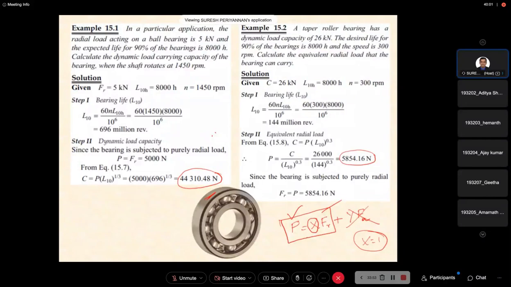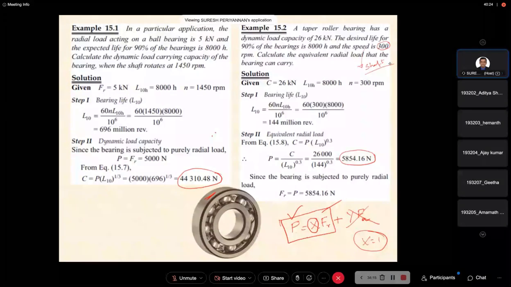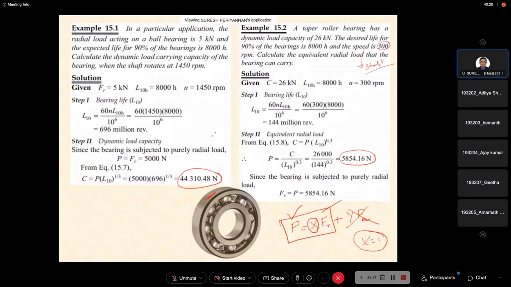Okay, sir. Understood. I agree, it's a very good question. They didn't give it here. If they had given the speed of the shaft, then X is equal to 1 or X is equal to 1.2.